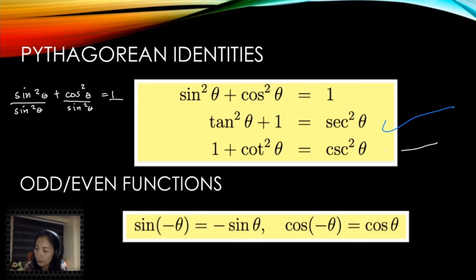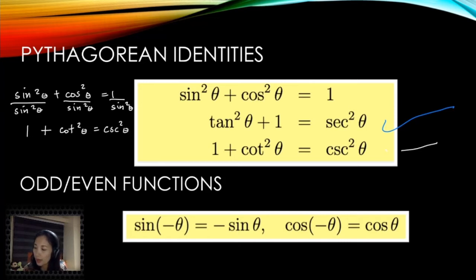We'll end up with sine squared theta over sine squared theta, which is 1, plus cosine squared theta over sine squared theta, which is cotangent squared theta, equal to 1 over sine squared theta, which is equal to cosecant squared theta.